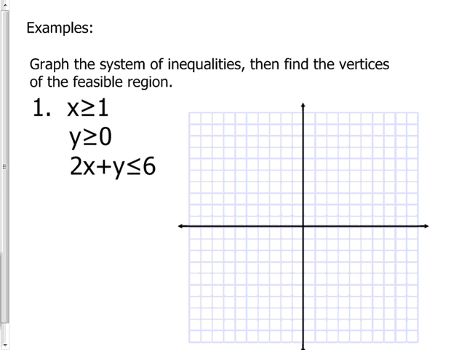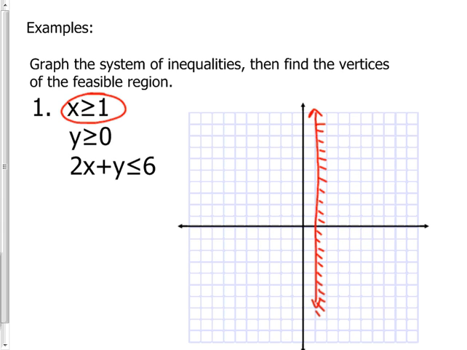I'll give you a hint. If x is equal to 1, that's a line like this. It doesn't really have a normal slope and everything. So there, I've graphed that one. I just haven't shaded it yet. When it says greater than 1, I'm going to shade it just a little bit. Some people go crazy shading the whole thing very carefully.